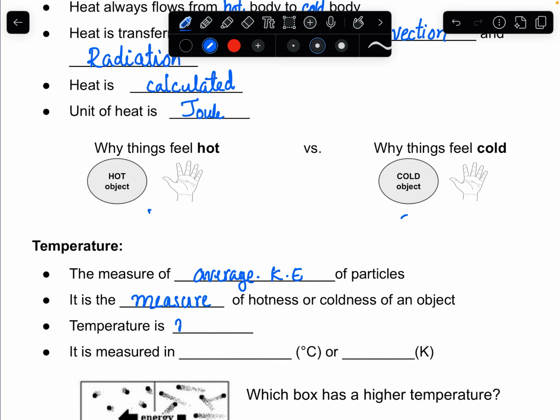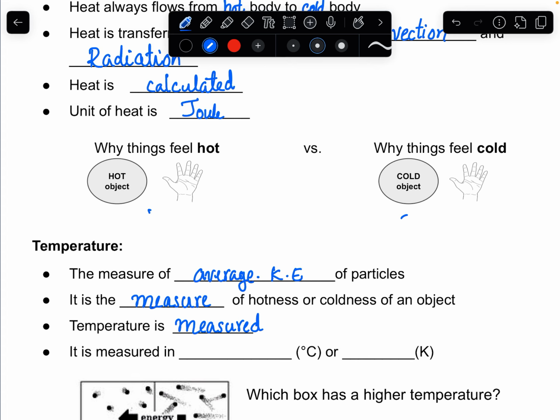So, as you know, temperature can be measured, right? When you go to the hospital, if you are sick, the first thing they check is your body temperature. And there are thermometers in our room; we can check our room temperature. So temperature is measured.